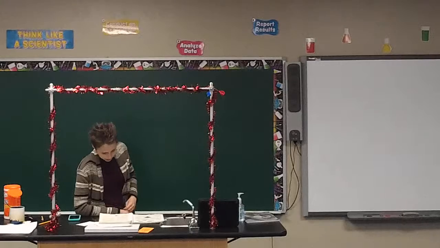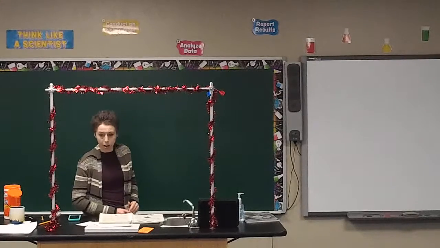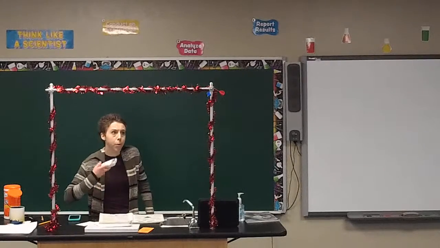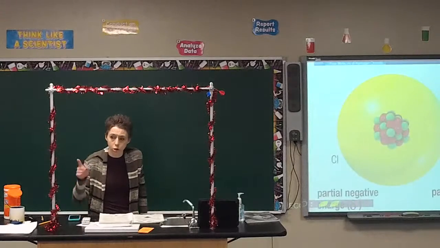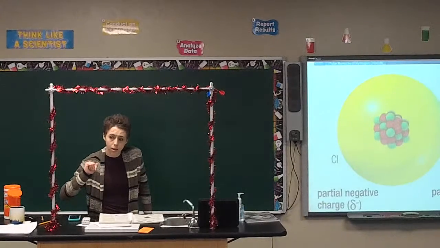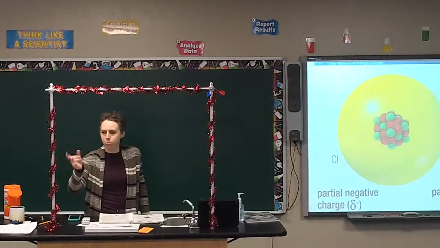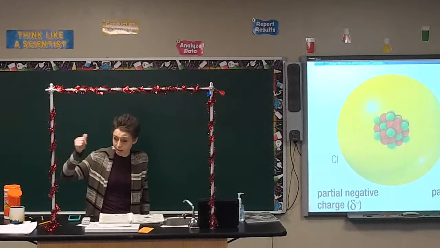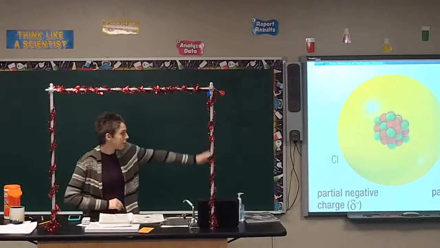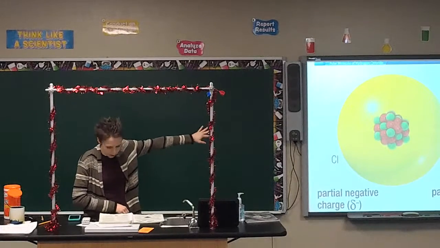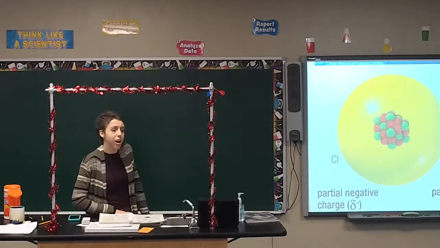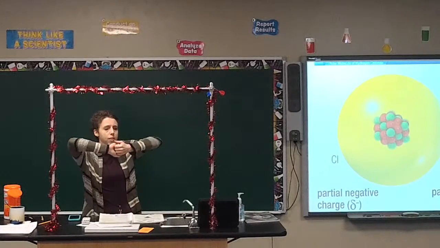Good. Alright, so polar bonds and unequal sharing. Keep in mind, this is still sharing, so what type of bond is it if they're sharing electrons? Is it covalent, ionic, metallic? Covalent. So this is getting now specifically into types of covalent bonding. Sometimes you have equal sharing where both of them want it the exact same.